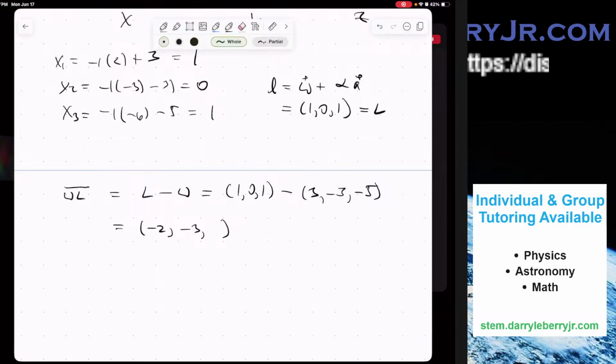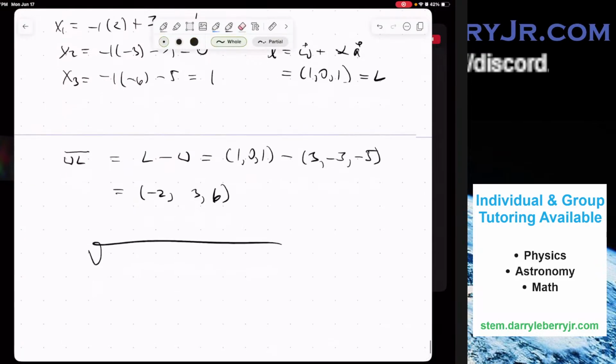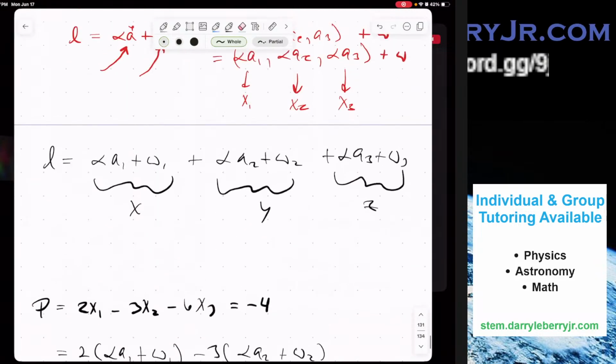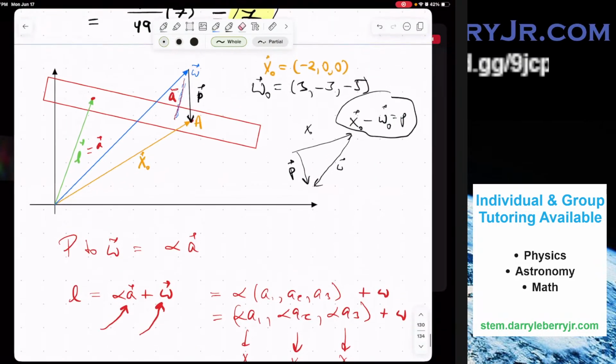It becomes positive. And the magnitude of that is +3. So that's the vector going from W to L. That's that vector there.